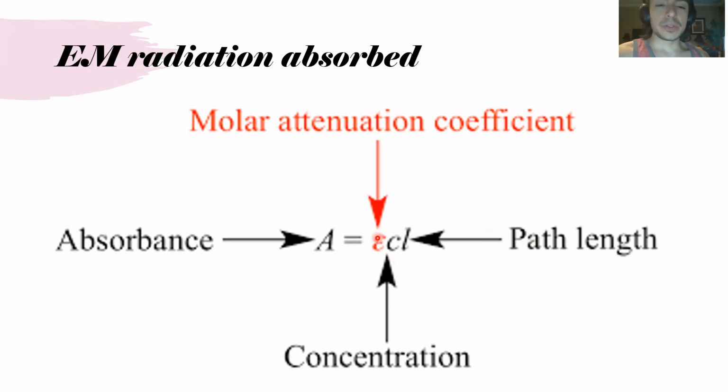And then the probability of light absorption by the substance, called the molar absorptivity coefficient. It's got a lot of names: the molar absorptivity coefficient, also known as the extinction coefficient, also known here as the molar attenuation coefficient. But I think we're just going to stick with the molar absorptivity coefficient, because I think that's what your lab manual says. But we'll talk about that later.